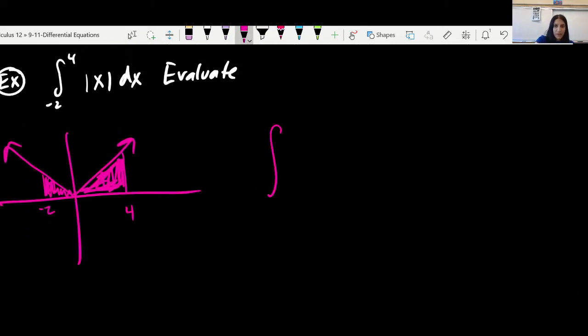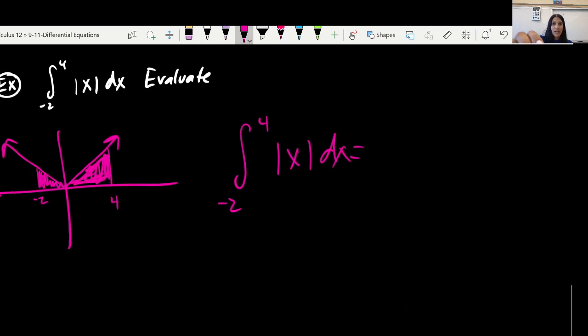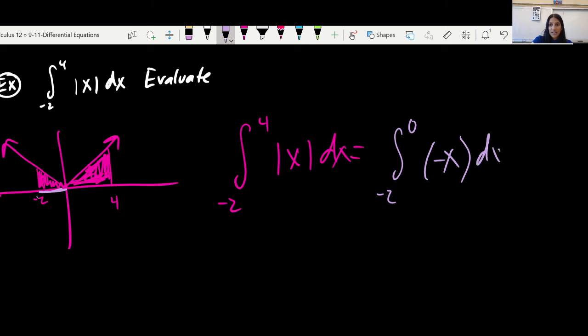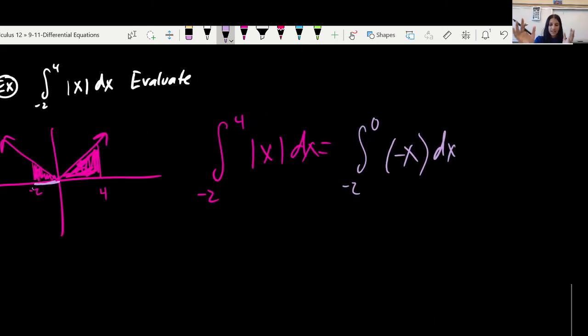And so we can start to use some of these rules, because we could do these separately. If we're looking for the integral from -2 to 4 of absolute value of x dx, then we could split it up. I could go from -2 to 0 of -x dx, because do you see that that's the negative portion, the portion to the left?